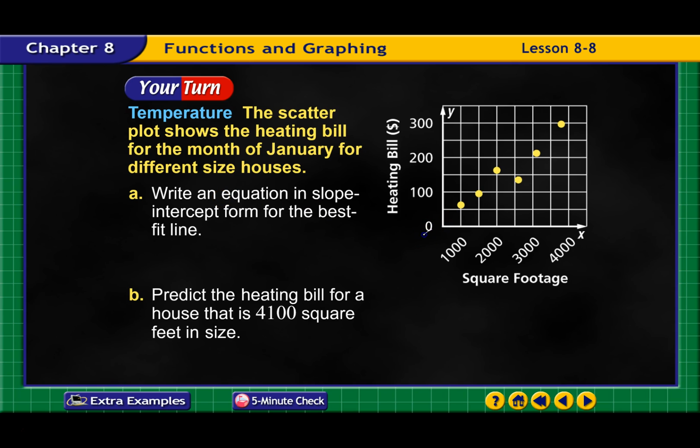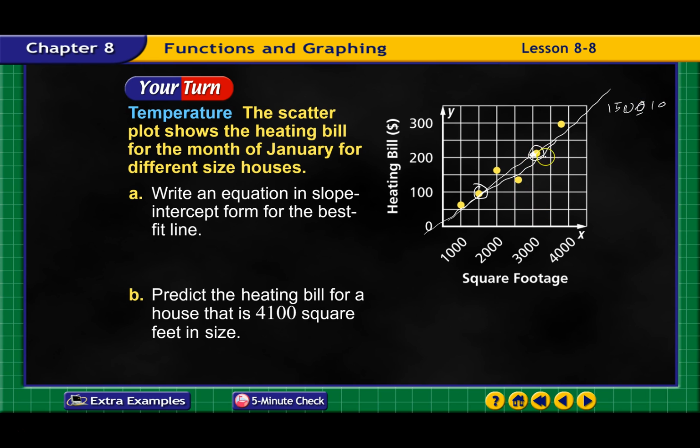Well, my best line fit's going to be probably through there-ish. So I like that point for sure. And maybe that point. We might have to guesstimate it just a little bit below that. So I'm going to say 1500, 100.